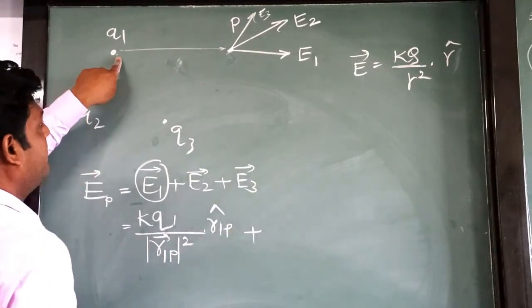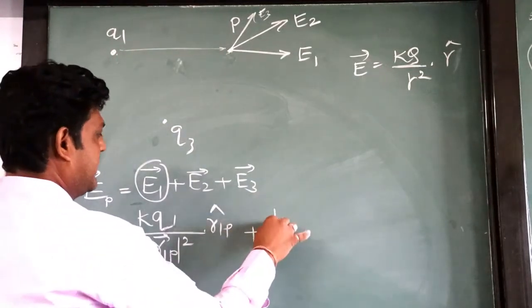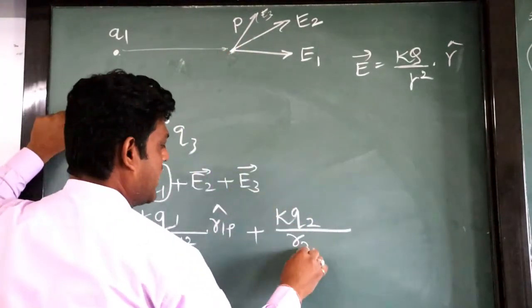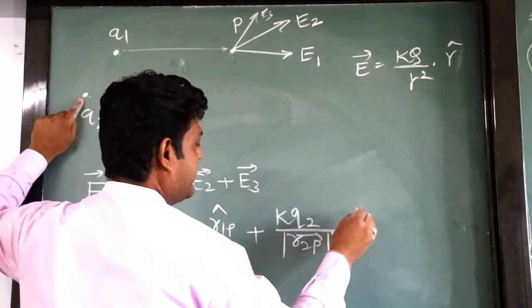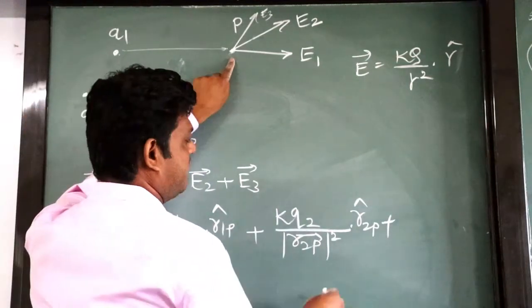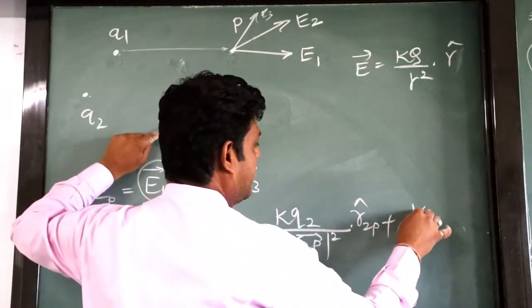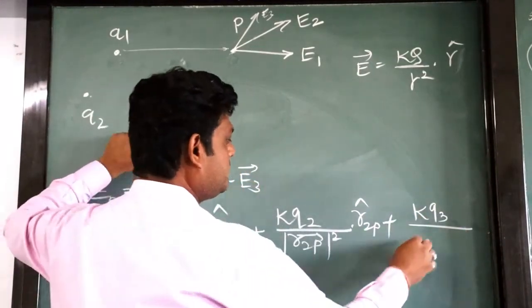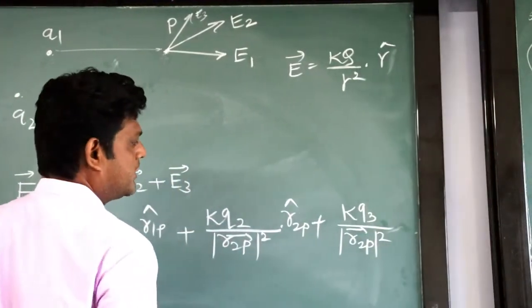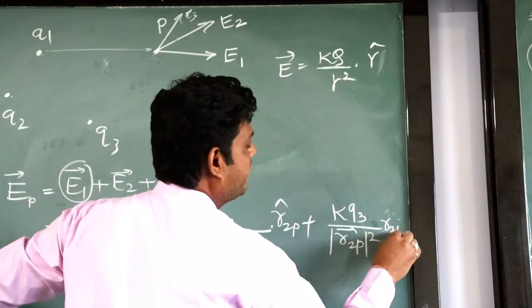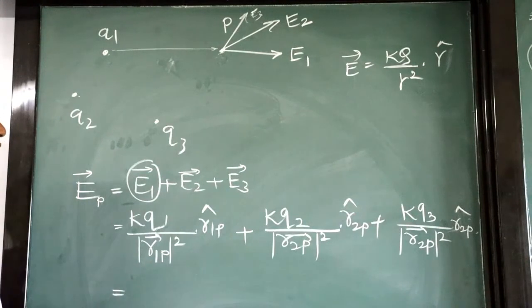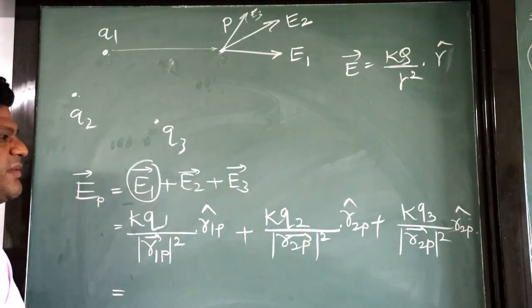Similarly, calculate electric field at point P due to the Q2. That is K Q2 divided by mod R2P vector squared, R2P cap. Similarly, the same at point P due to the third charge, K Q3 divided by mod R3P vector squared, R3P cap. Again, the same steps we are using over here, taking the common thing out and using the summation.